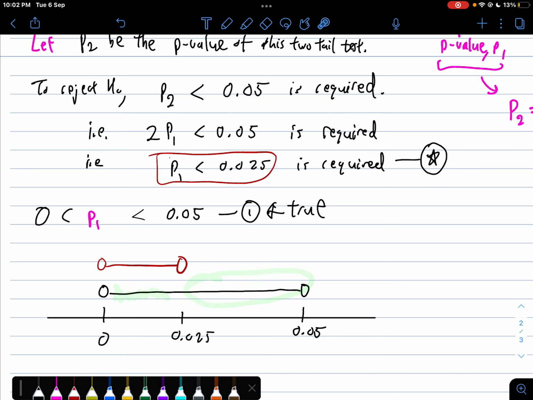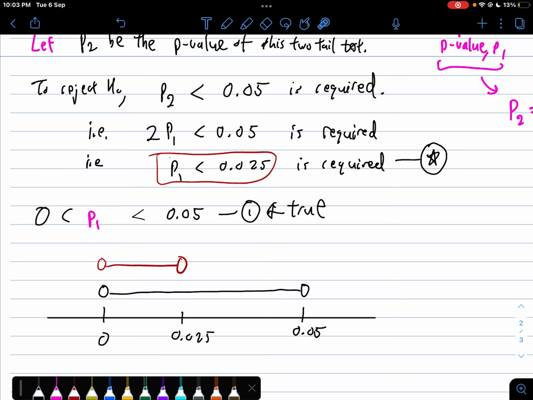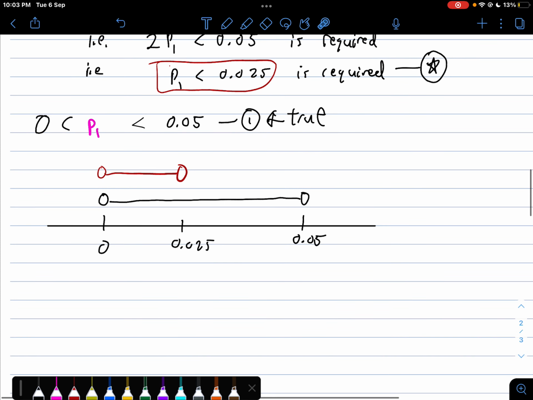Because here, if P1 is less than 0.05, it could be anywhere in between 0 to 0.025, or it could be more than 0.025 but less than 0.05. Anywhere is possible. Let's not care about the boundary case where it's 0.025. So what this really means is that we cannot confirm.